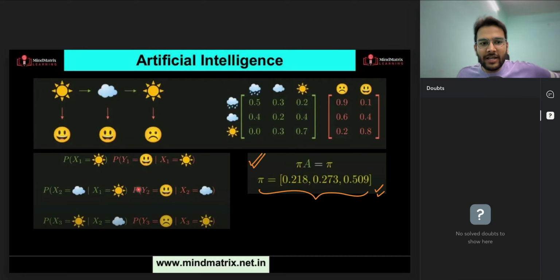Fine. So now can I say that you can find this probability now, probability of x1 being sunny? So what will be the value? Everyone, what will be the value based on this stationary distribution? Can I say it is going to be 0.509 multiplied by, what is the probability here? Probability of y1 being happy given x1 is sunny. So that is going to be 0.8 multiplied by, what about this value? X2 is cloudy given that x1 is sunny.